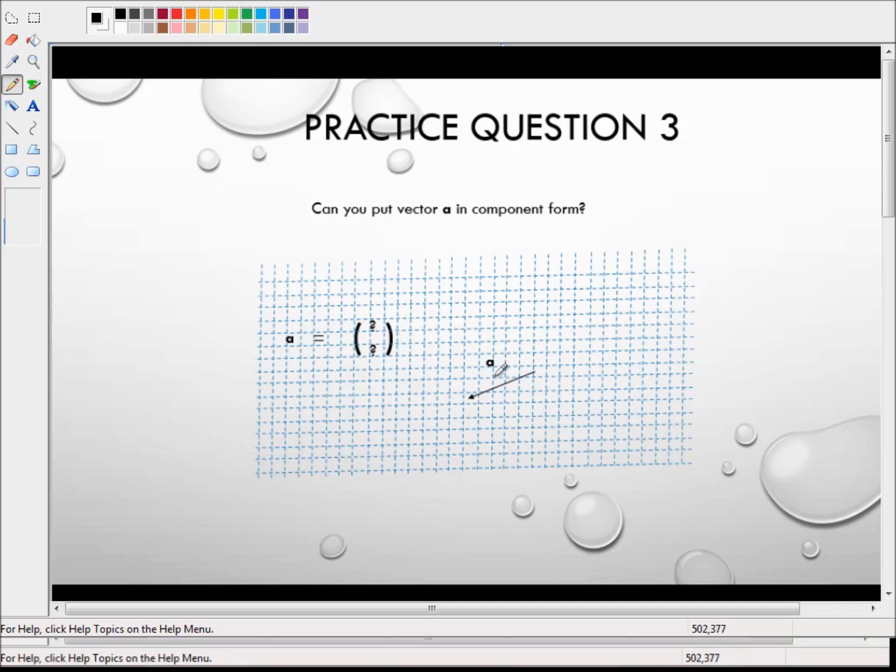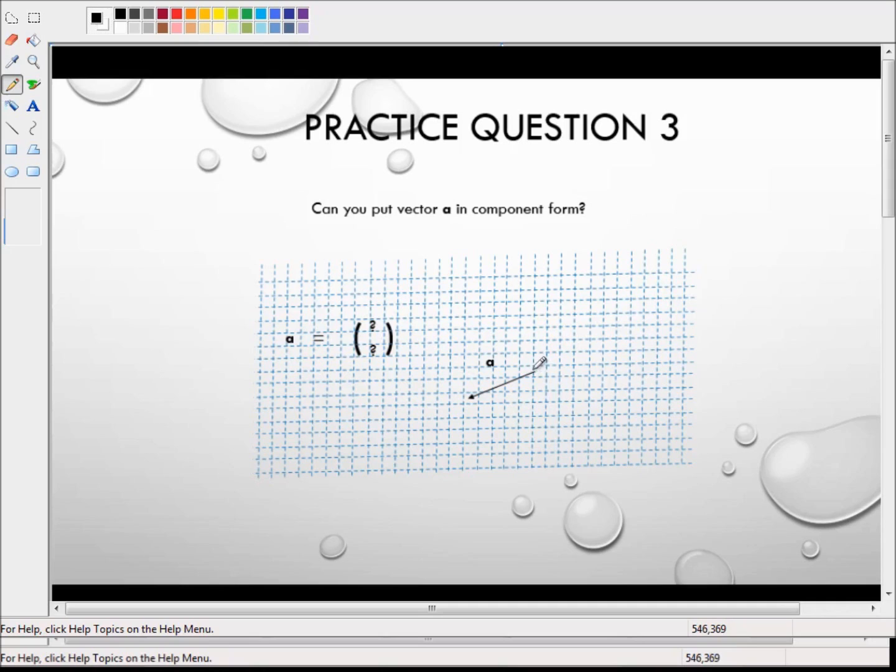Well, vector A here, we've got our arrow, and it seems to be pointing 1, 2, 3, 4, 5 units to the left of the tail. So the tip of the tail, I should say, is 1, 2, 3, 4, 5 units to the left, and it's 1, 2, 3 units down. I'll double check that because I don't want to mislead you.